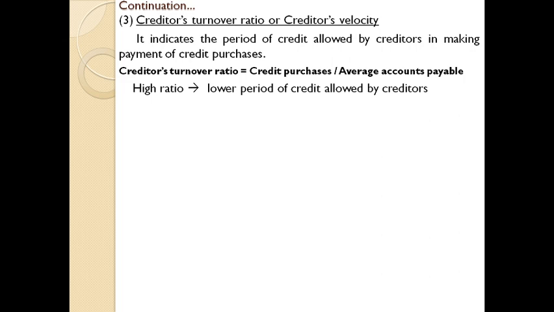If you are getting a higher ratio on the basis of the calculation, it means a lower period of credit allowed by creditors. At the same time, if you are getting a lower ratio, it means a longer period of credit.